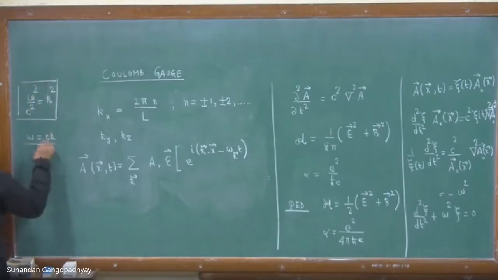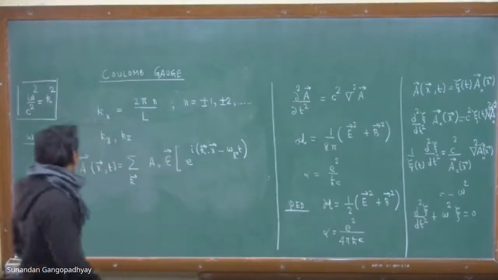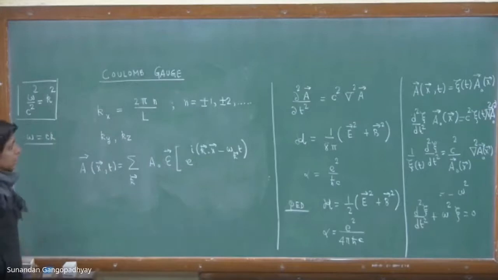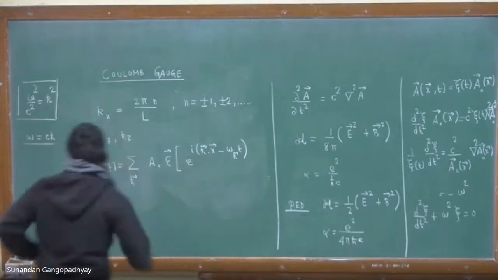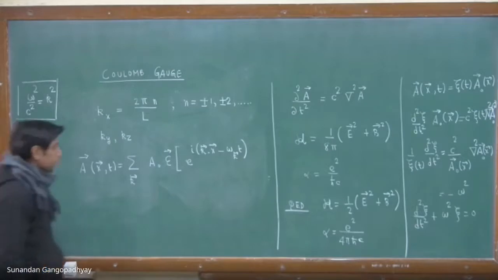That is what we should have for an electromagnetic field. This is the standard dispersion relation that you have. And therefore, this k vector that we have here is basically k n cap. So the electromagnetic wave is propagating in the direction n cap with magnitude k. The magnitude k is fixed by this. It is basically omega by c.